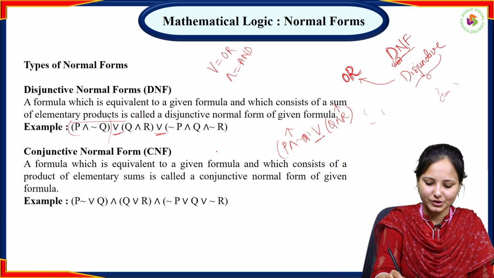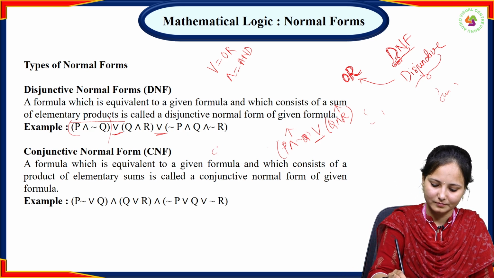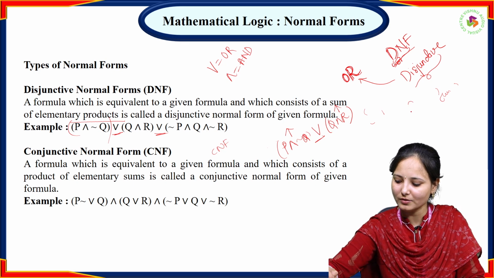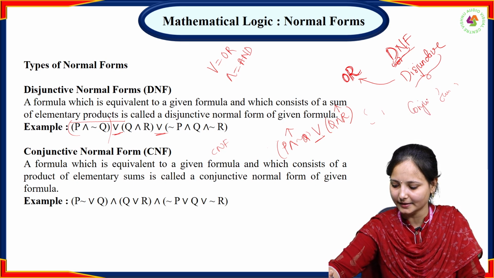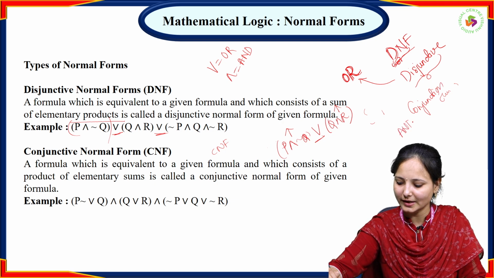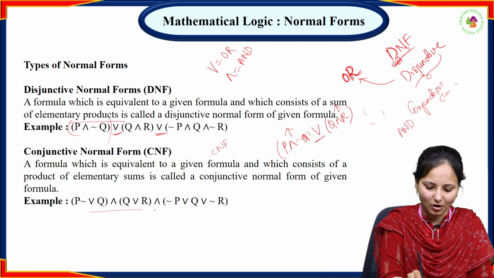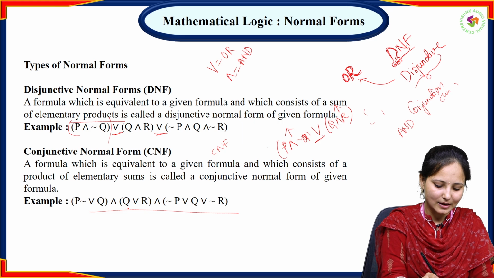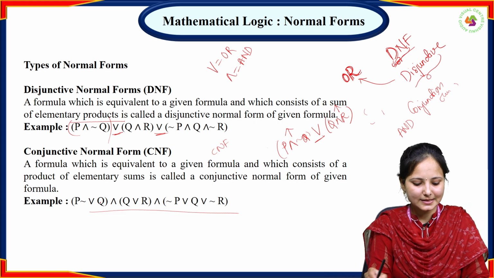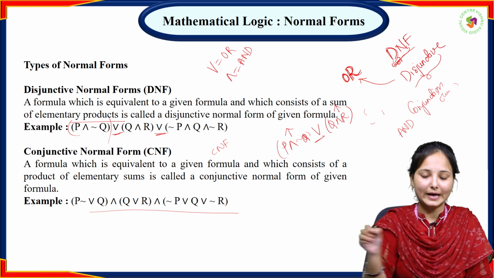Next one is the conjunctive normal form. So what is meant by conjunctive normal form? We know that conjunction is an AND. So here we will represent the terms as a product of sums. We represent this as a product of elementary sums.